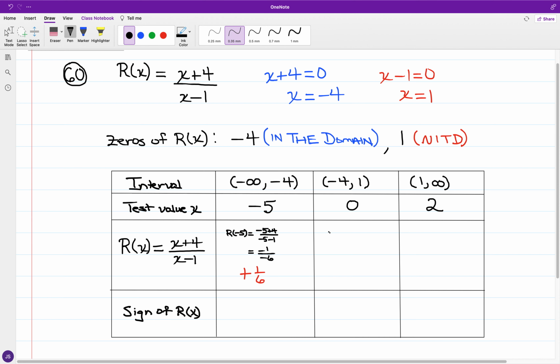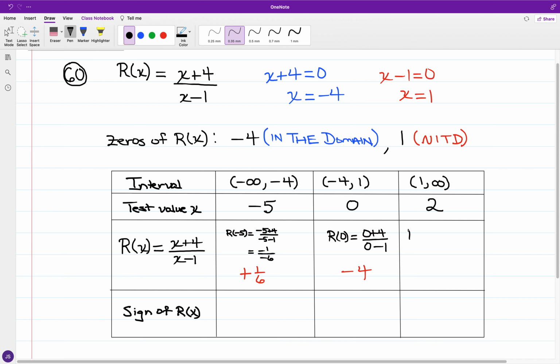Now in the case of r of 0, for x plus 4 we have 0 plus 4, and for x minus 1 we have 0 minus 1. So we have 4 over -1, and that will go to -4.